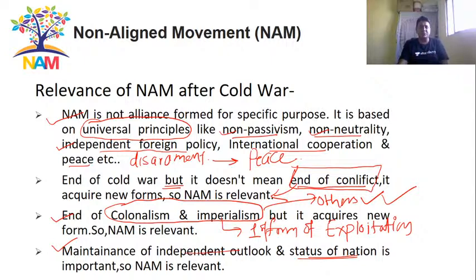This is a universal principle. This word independent is attached to NAM since the beginning. So NAM is relevant. If you want to maintain an independent outlook, then the principles of NAM are relevant.